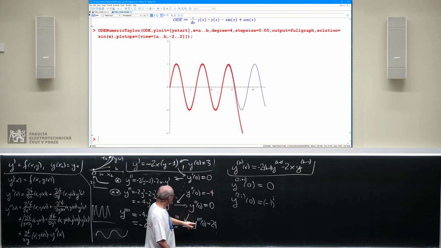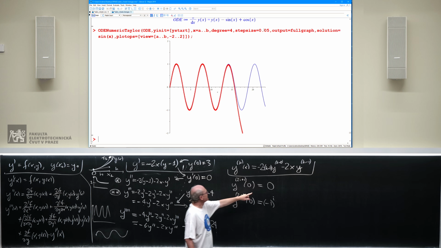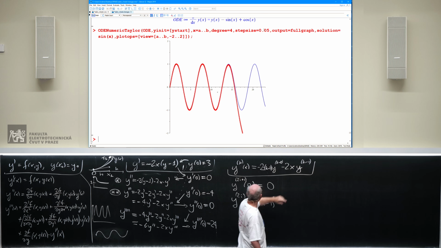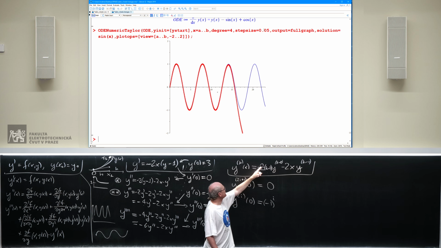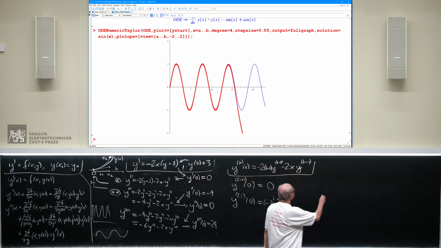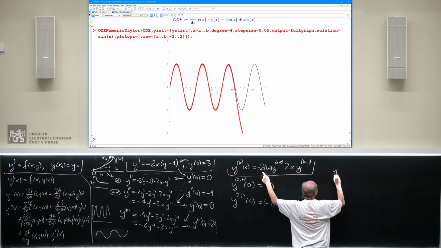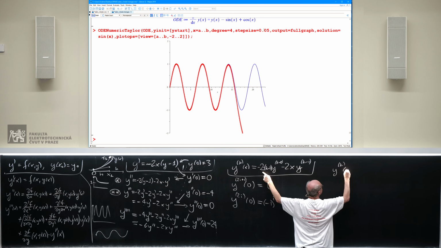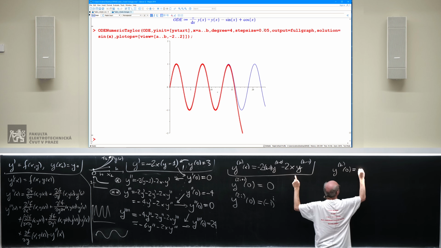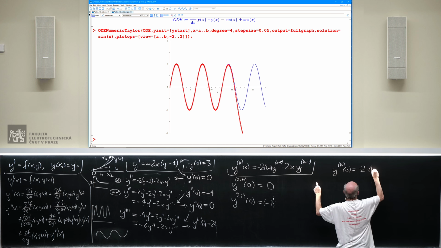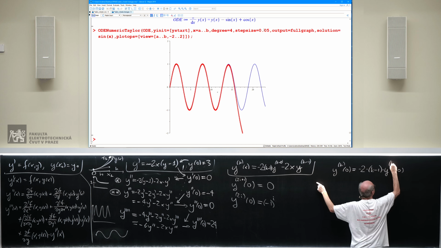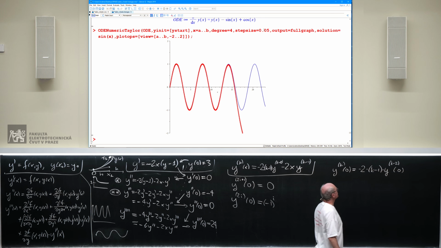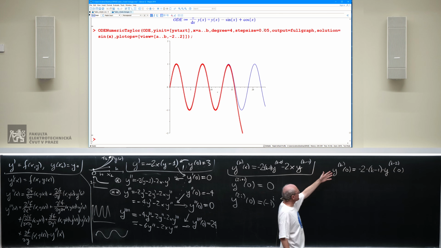What's happening is that when you put 0 into it, this term disappears, and the y derivative has a formula which goes by powers of 2. So you are getting actually a recursive formula which goes like that. The kth derivative at the origin is just negative 2 times k minus 1 times derivative at the origin of order k minus 2. So every time you increase the derivative, the minus sign changes here.